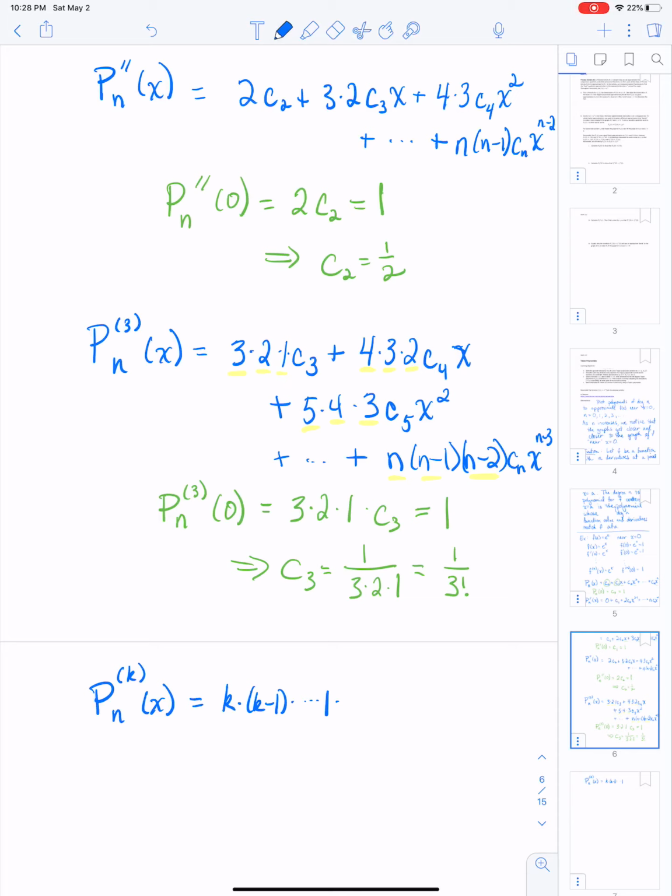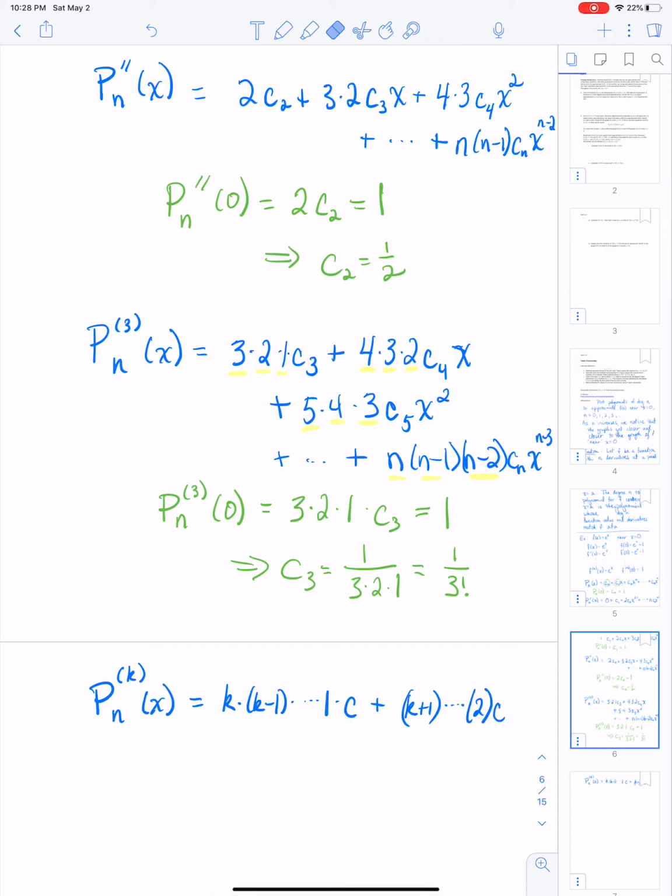times c3 plus, and then the next term is going to start with k plus 1 times, and then the terms there are going to go all the way down to 2 times c, and I apologize here, this was not what it should have been.